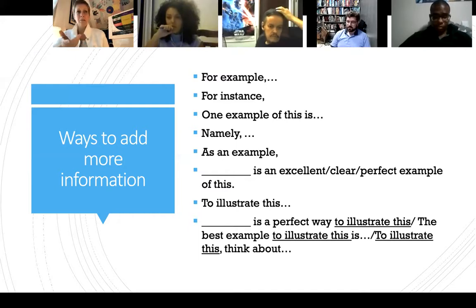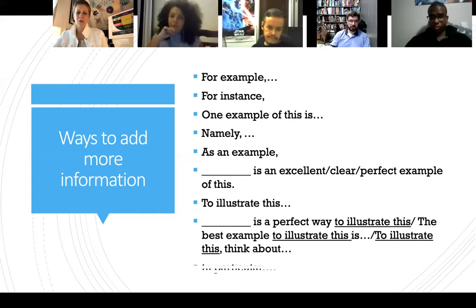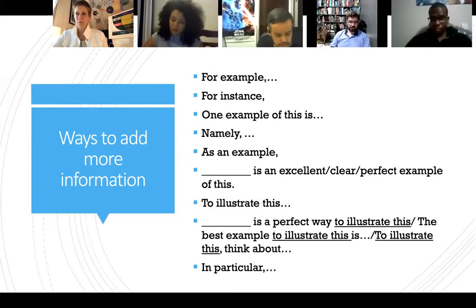So blah, blah, blah is a perfect way to illustrate this, or the best example to illustrate this is, okay, or to illustrate this, think about blah, blah, blah, and you're going to say what your example is, okay? Or you could simply say in particular.